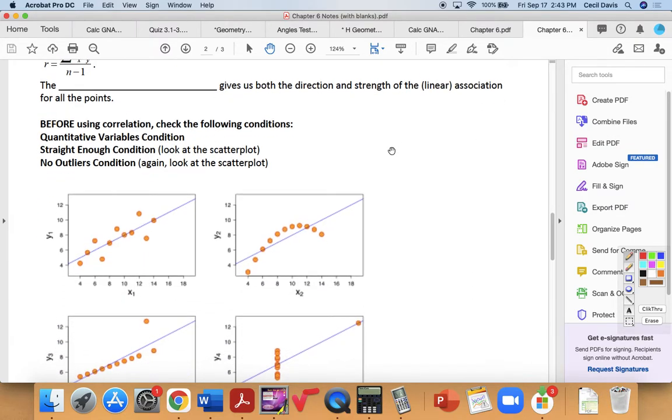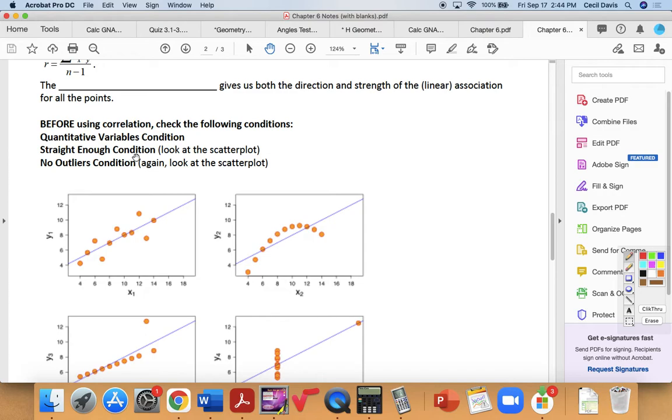So, before using correlation, check the following conditions. It's got to be quantitative variables. That's usually not a problem, honestly. It's got to be straight.